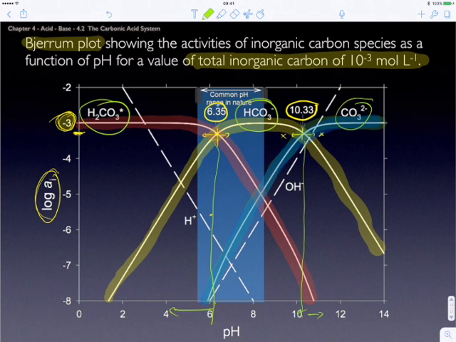The pH of the main bodies of water on the earth are situated between 7 and 8. Ocean water is around 8, tap water 7 to 7.5. So you understand that the main form of DIC in the tap water or inside the ocean water or any river will be bicarbonate.